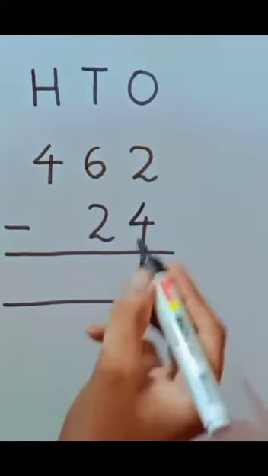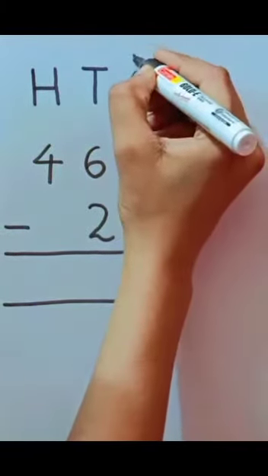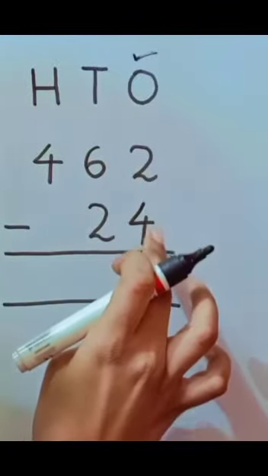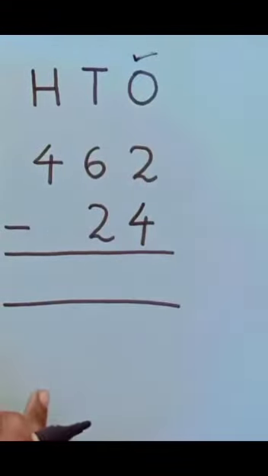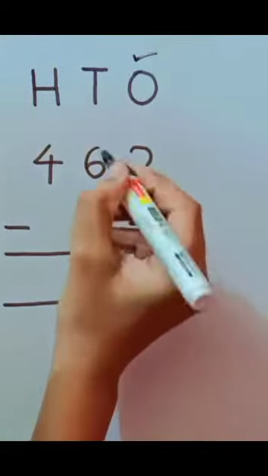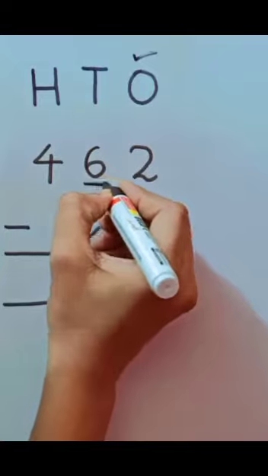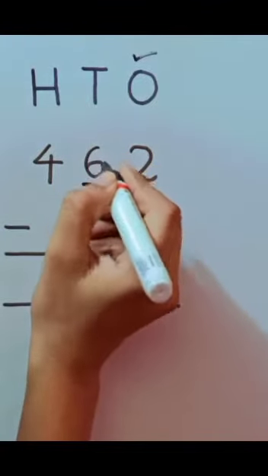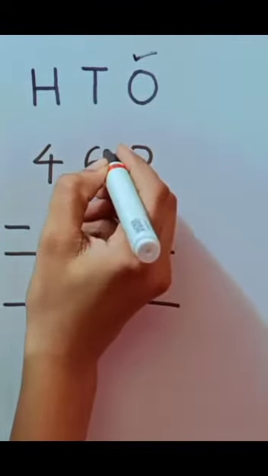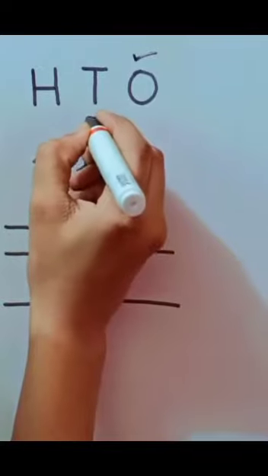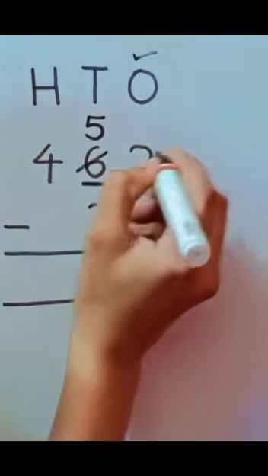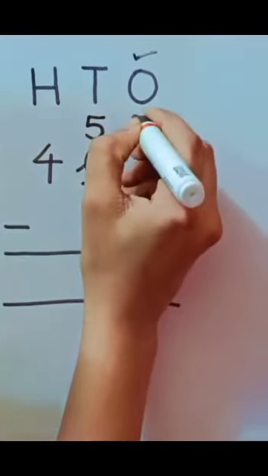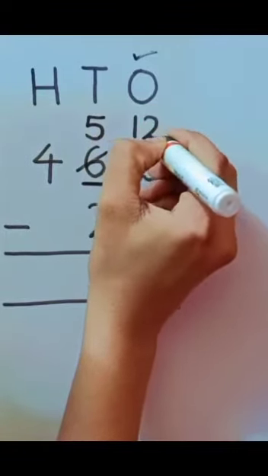So children, here we can see 3-digit number and we have to subtract a 2-digit number with regrouping. Okay, so let us start with ones place. Can you subtract 4 from 2? No, we can't. So what we can do? We will borrow from tens place. So when we will borrow, 6 will become 5 and 2 will become 12.